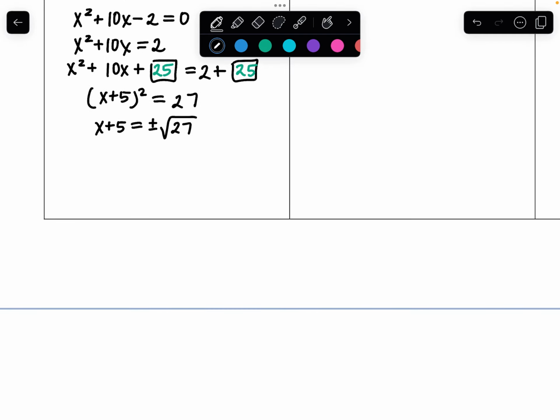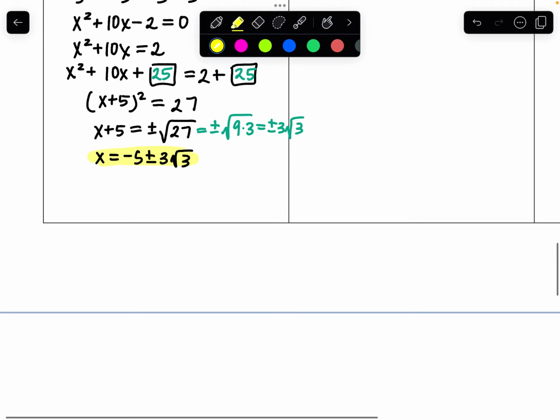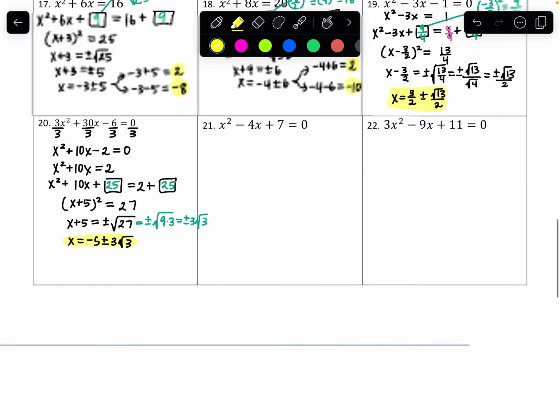And then 27 is not a perfect square, but we can break it up into 9 times 3, which means we can take a 3 out. And so when we move the 5 over, it's -5 ± 3√3. Irrational solution since we didn't have a perfect square.